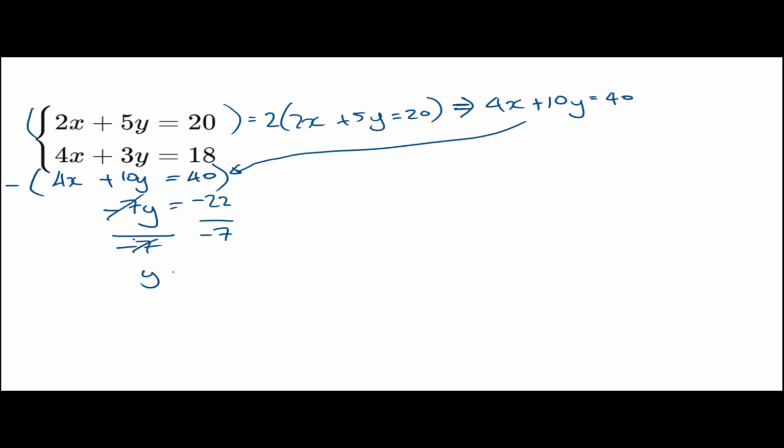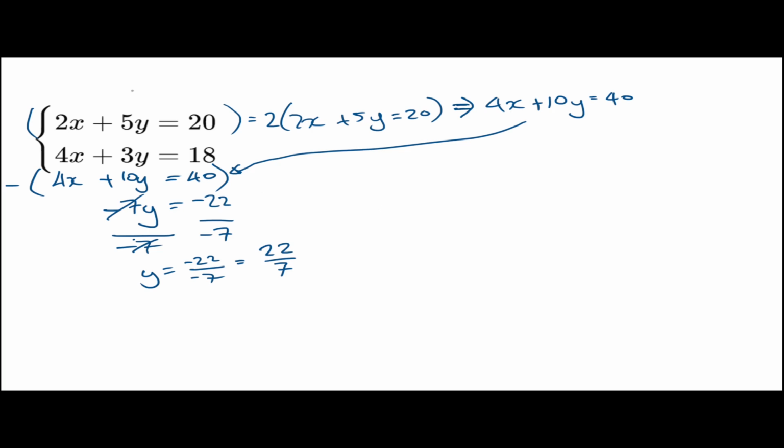They're going to cancel. So y is going to be equal to negative 22 over negative 7. Are we done yet? Not quite. A negative number divided by a negative number is a positive number. I'm going to leave it as an improper fraction for now. So y is 22 over 7.